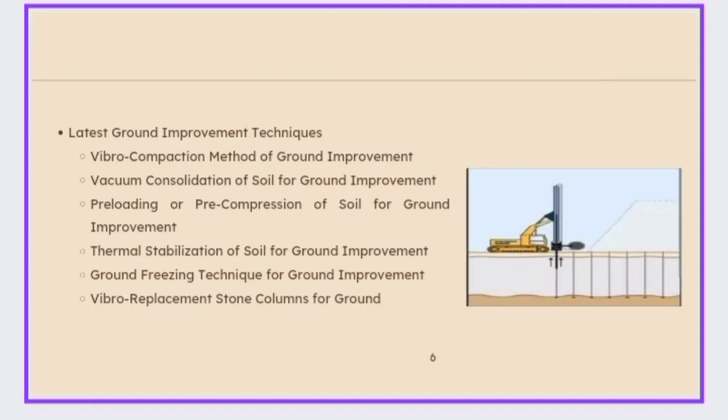Now coming to the topic, latest ground improvement techniques. There are various ones, but the most important are the vibrocompaction method, vacuum consolidation of soil, preloading method, thermal stabilization of soil, ground freezing technique, vibro replacement stone columns, mechanical nailing technique, micropiles, and general grouting techniques, in which jet grouting also comes.